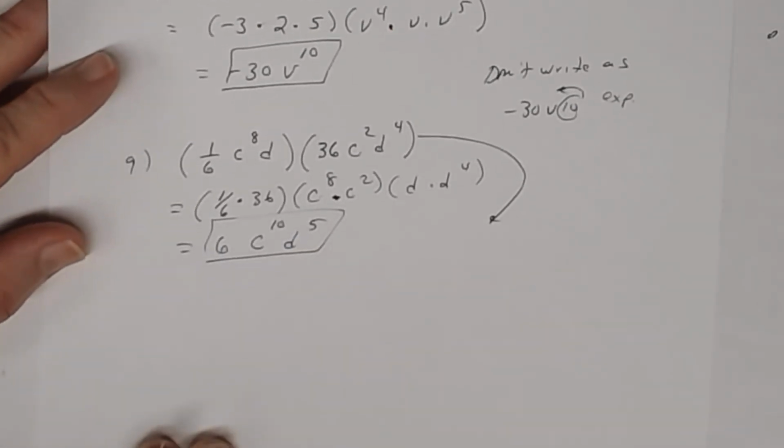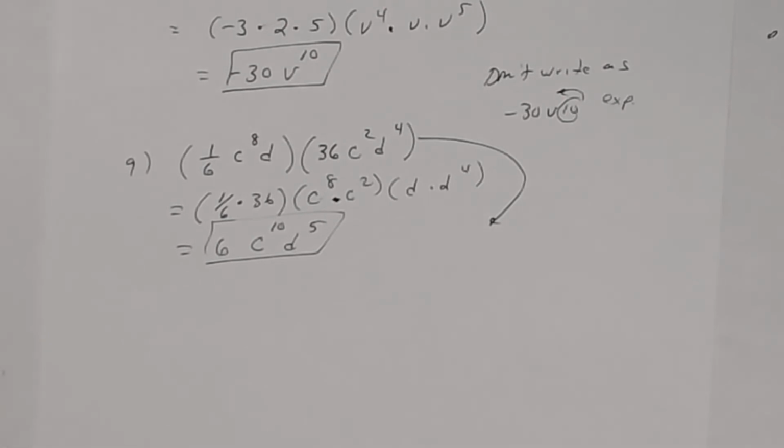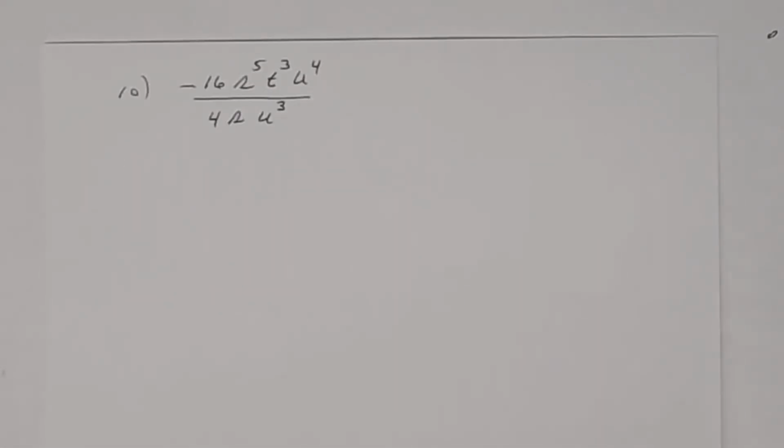Okay? All right, let's look at number 10. All right, number 10, let's suppose we had this. You want to simplify this expression. All right, so if you need to write it as separate expressions, then do that.